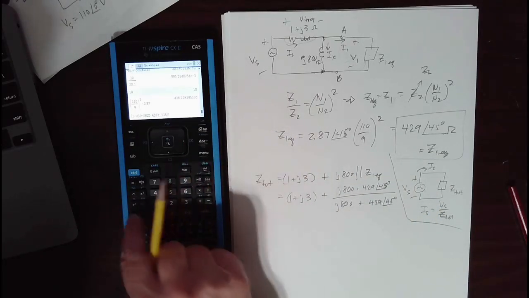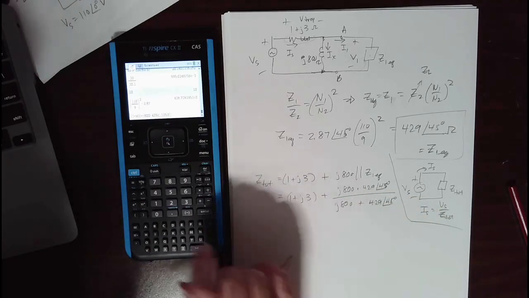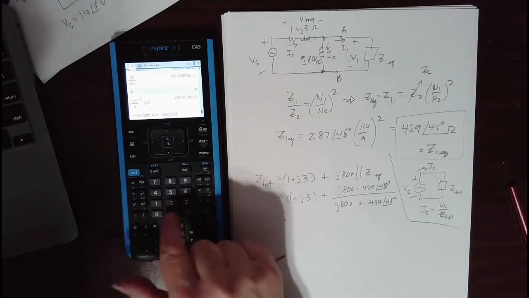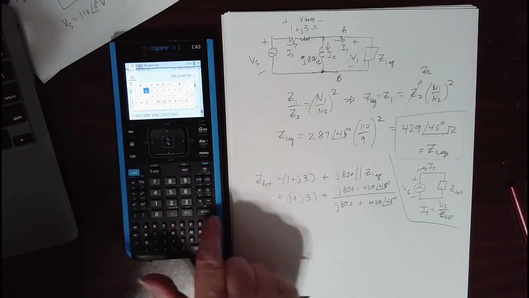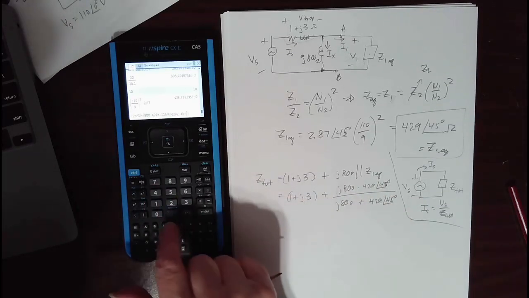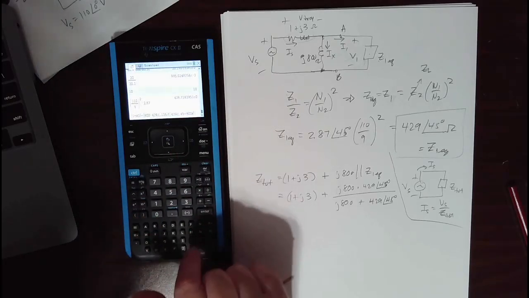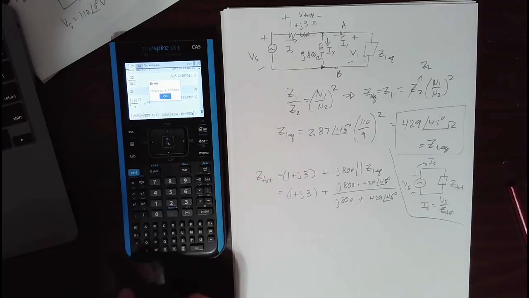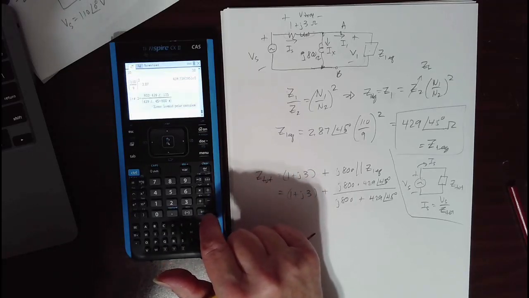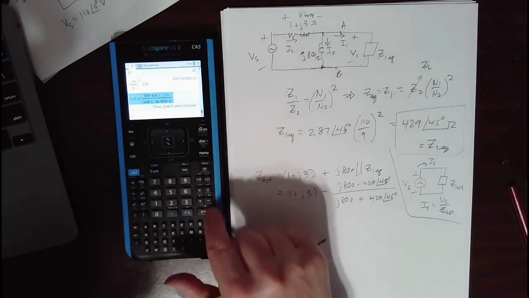And then we want to divide that by this, which I don't really see a way to simplify, but let's go ahead and put in parentheses 429 at an angle of 45 plus 800 J. Oh, I didn't put parentheses around what I'm supposed to put parentheses around.